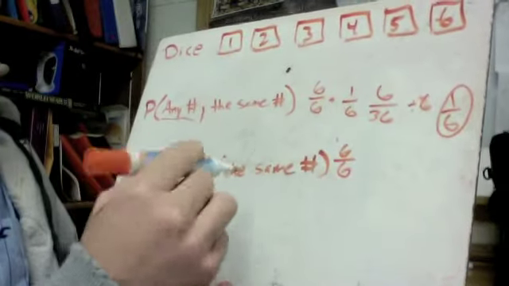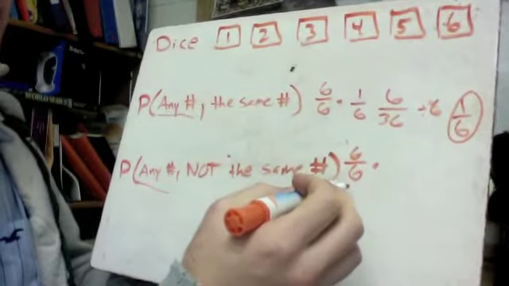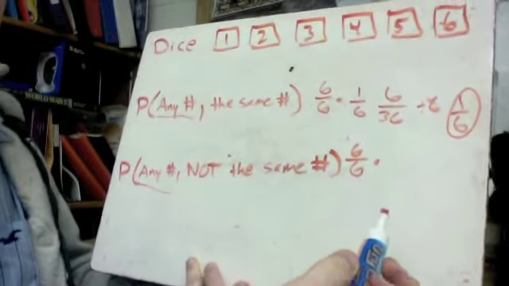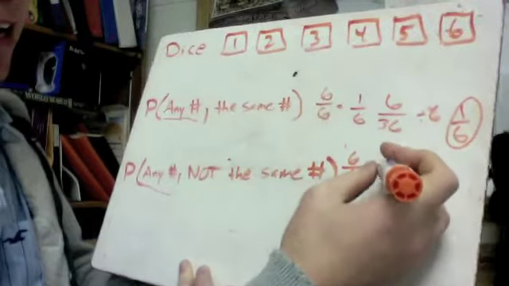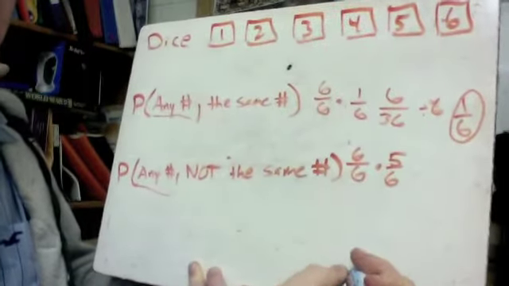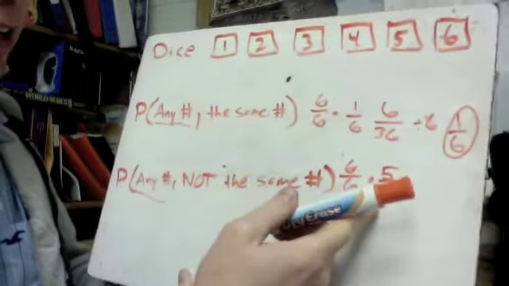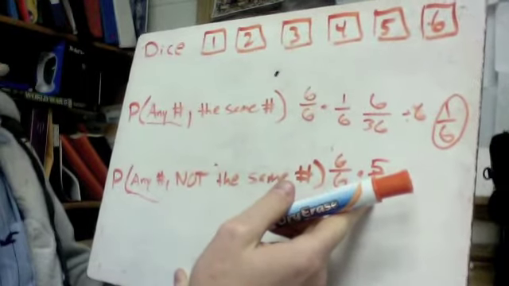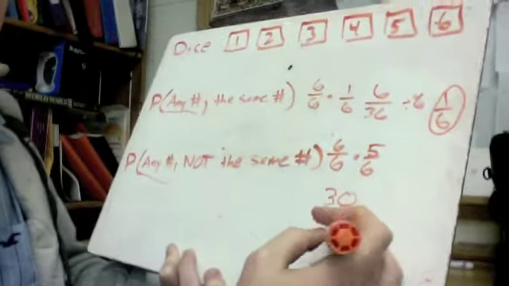Now down here, probability of getting any number and then not the same number back to back. If I think about that, getting a different number than I got the first time, I've got 5 choices of numbers that are going to be different than the first time. So instead of 1 out of 6, I can go all the way up to 5 out of 6 because I just have to make sure my number is different than the first one, and I have 5 choices that are going to be different than the first one. Times those together, I'm going to get 30 out of 36.